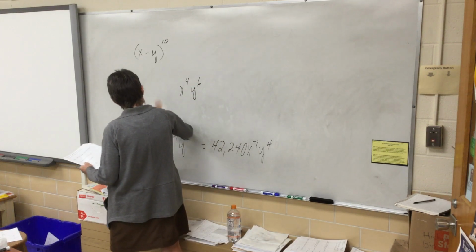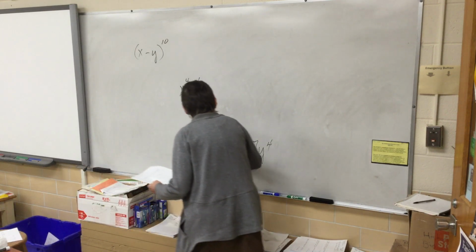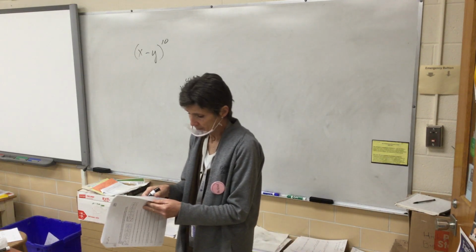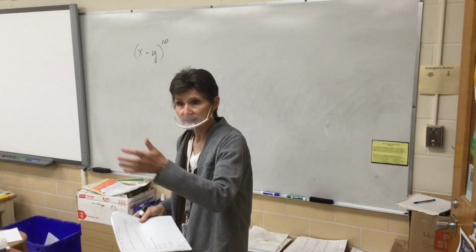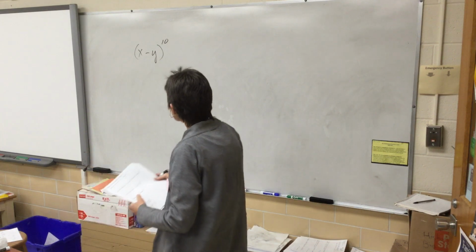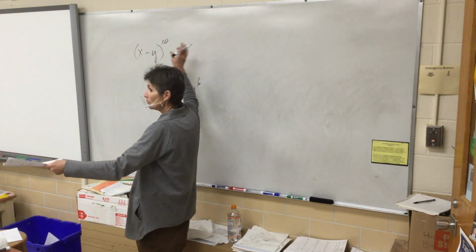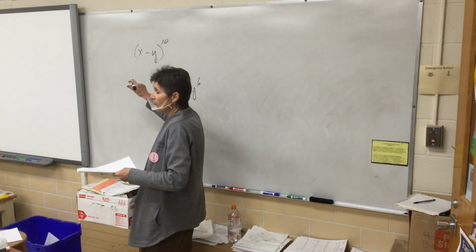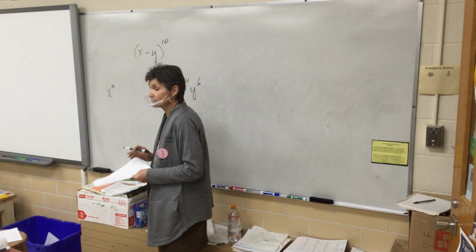Now, let's make sure everybody understands that. Look at some of those that we expanded all the way out earlier on the previous page. Every term had some kind of combination of x's and y's with differing powers. If I were going to expand this out all the way, which you can always do, but it's extra work, would you all agree that the first term would have an x to the 10th?